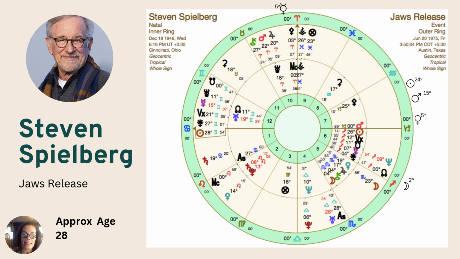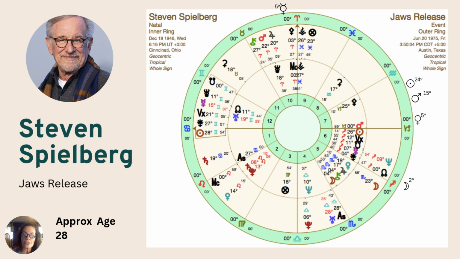And so, again, we could say that here is that OP Mars, right? Him trying to accomplish this movie, right? Mars, the ruler of his 10th house. And it was actually being opposed by Saturn as they were filming. And this OP Mars is actually in a square to his natal Neptune.